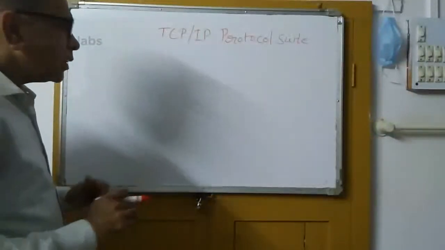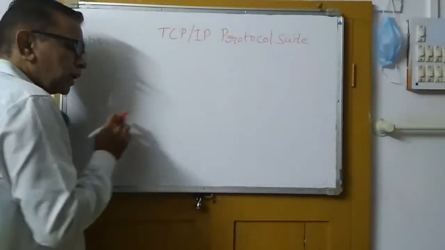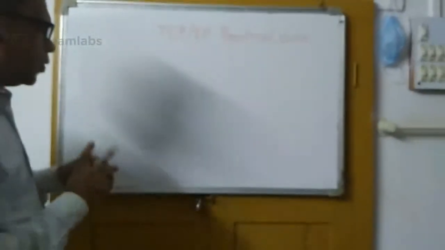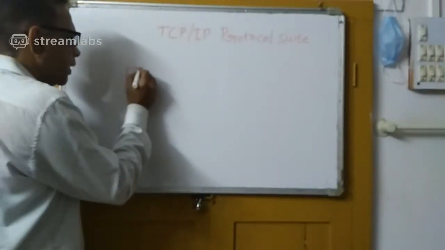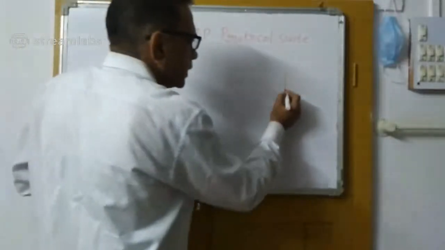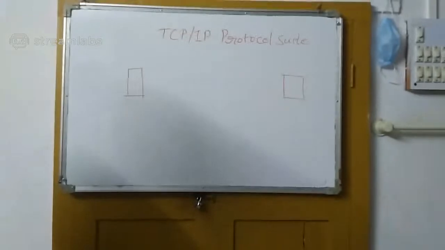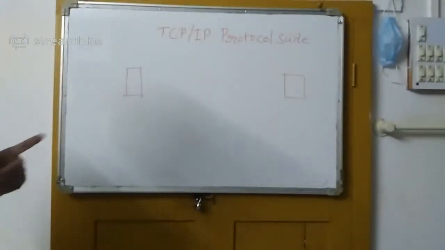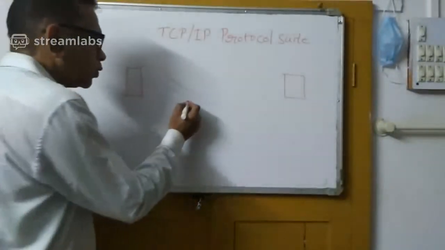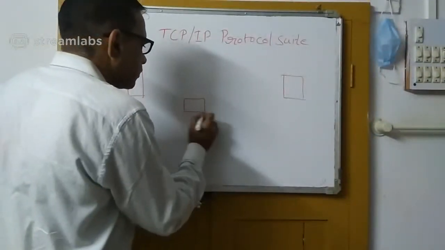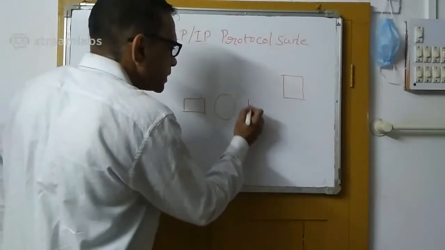I said that the link layer's job is to take care of the issues connected with the two ends of the link. In the network, when we want to make two nodes communicate with each other, I need the support of multiple devices.